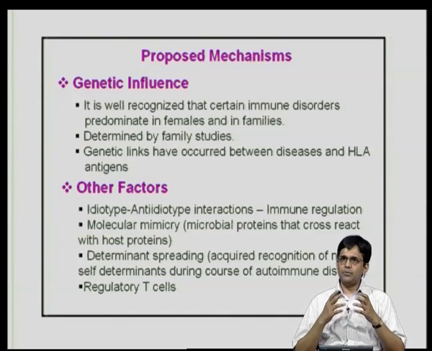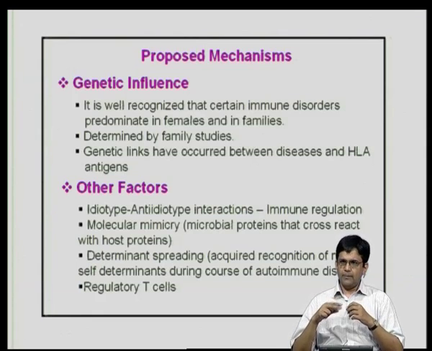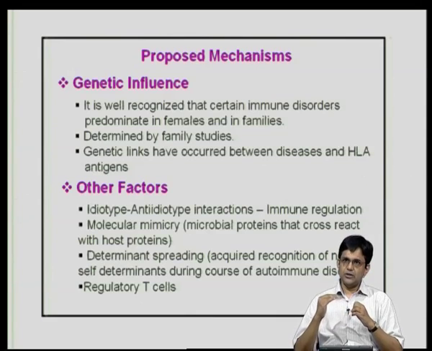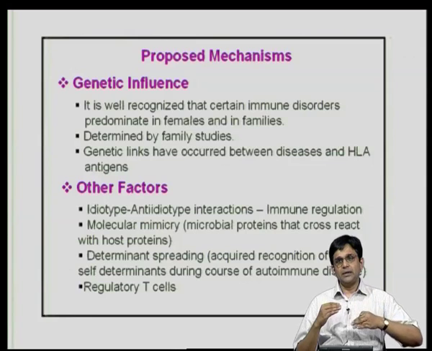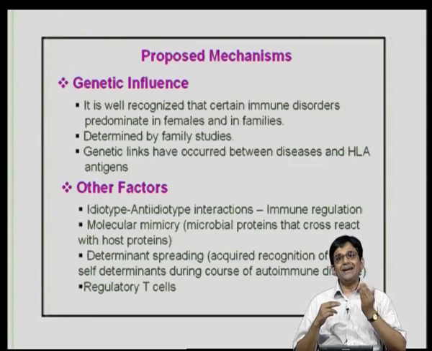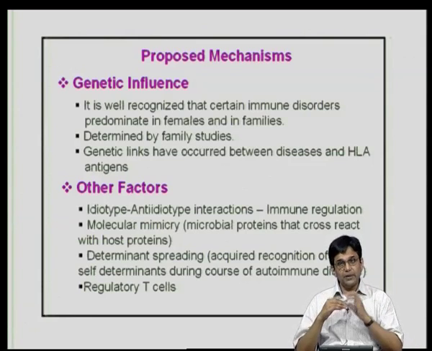What is an idiotype? You remember the antibody molecule will recognize a particular antigen, and the part of the antibody molecule that recognizes this antigen is known as the idiotype. If you have a lot of these antibodies being generated that recognize a particular antigen, then in terms of immune regulation, you would have anti-idiotypic antibodies that are particular to this part of the antibody molecule.